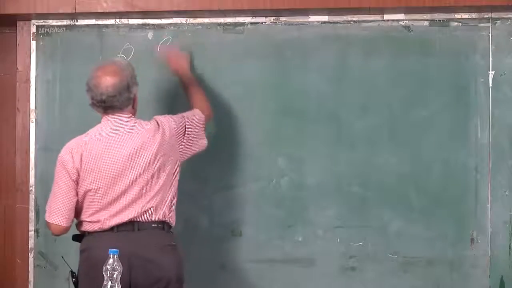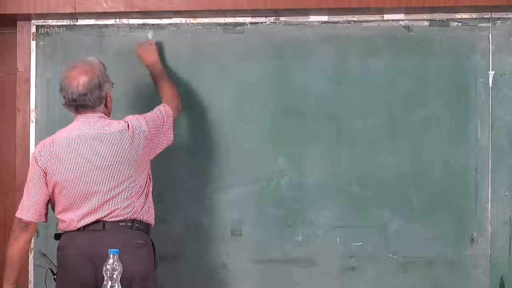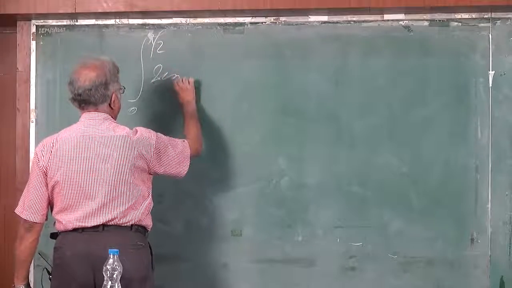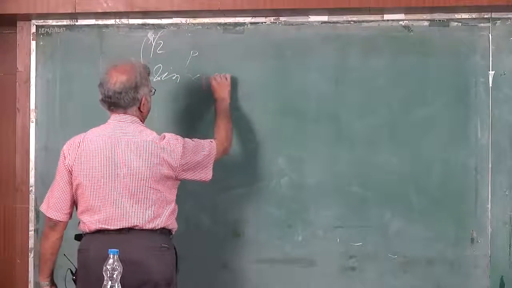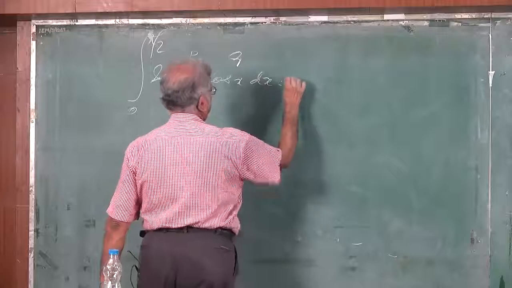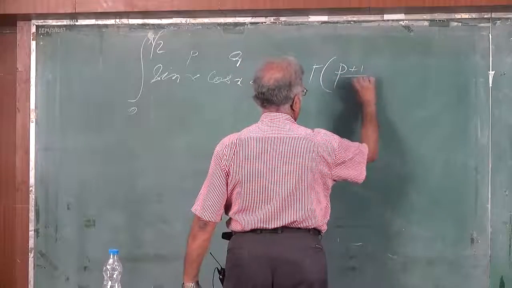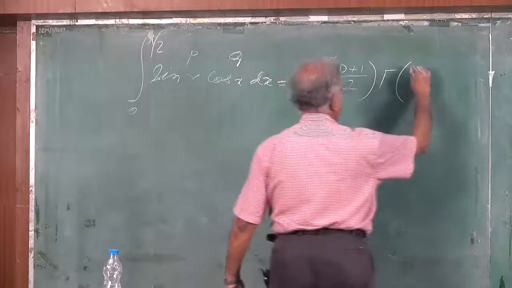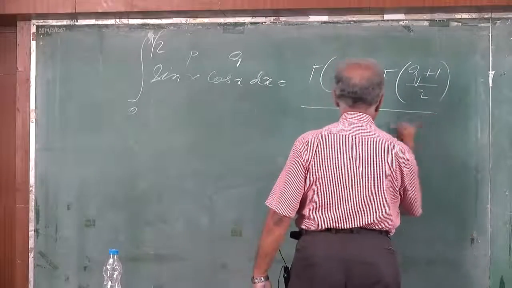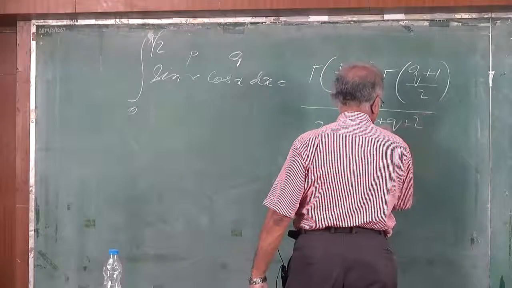All of us know from an elementary study of beta gamma functions that the integral from 0 to pi by 2 of sine to the power of p x cos to the power of q x dx is nothing but gamma of (p plus 1) by 2 times gamma of (q plus 1) by 2, over 2 times gamma of (p plus q plus 2) by 2.